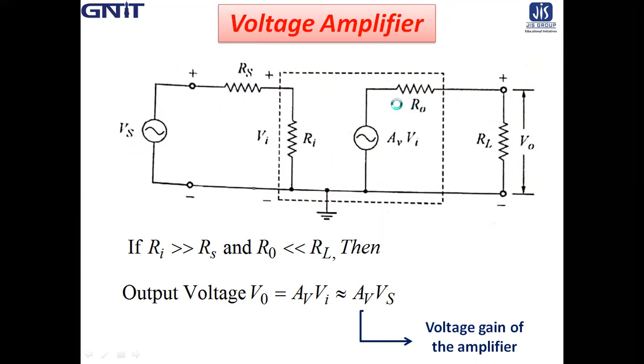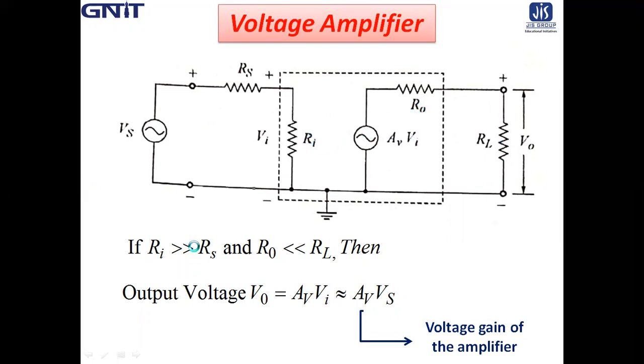Similarly, the output resistance RO is also in series with V0. So the source resistance is RS and the load resistance is RL. Ri and R0 are the input and output impedances of the amplifier respectively.